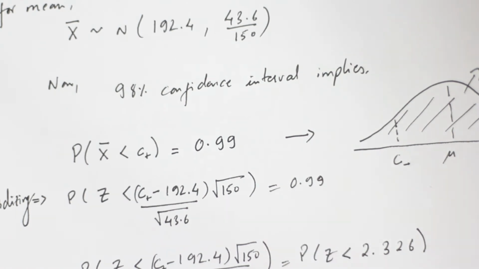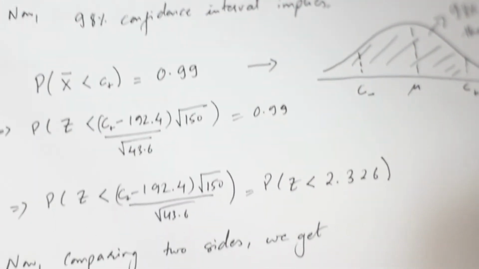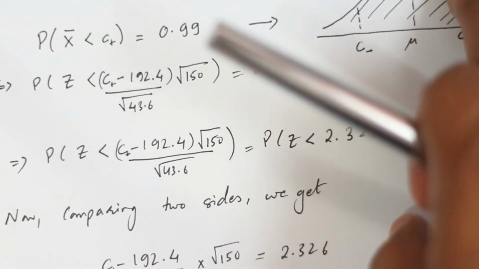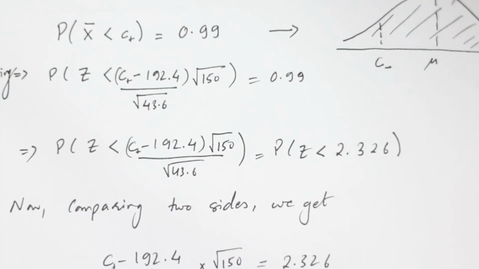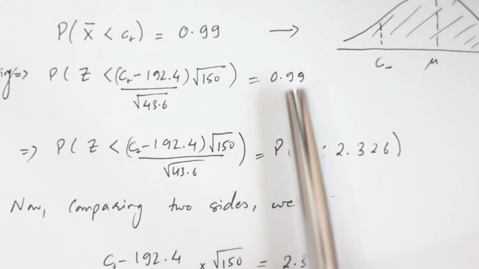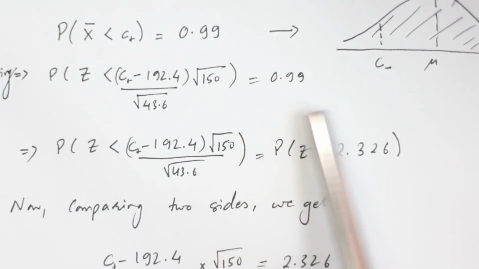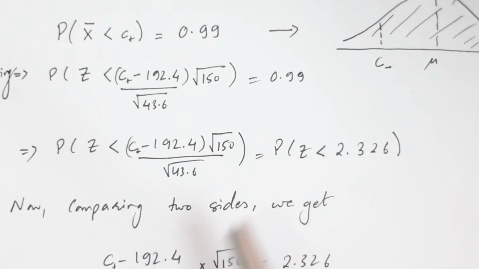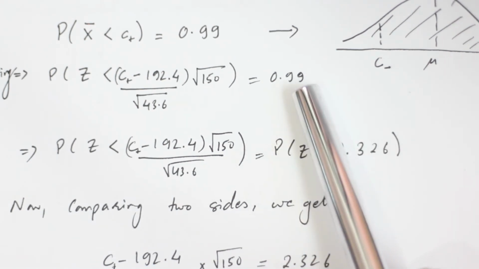So if you solve for this here, you basically get this here. Now, how did we get from this to this? Because this is just the inverse normal distribution formula, right? Here we know the area.